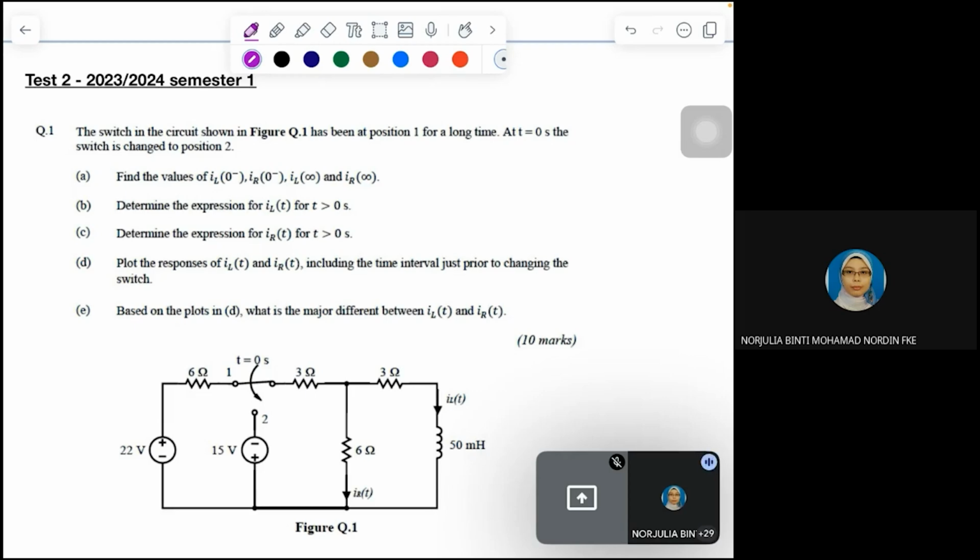Based on the question, you are required to determine the inductor initial value, the inductor current final value, and you also need to determine the resistor current. Okay, the 6 ohm, the current that flows through the 6 ohms. Right, this one.